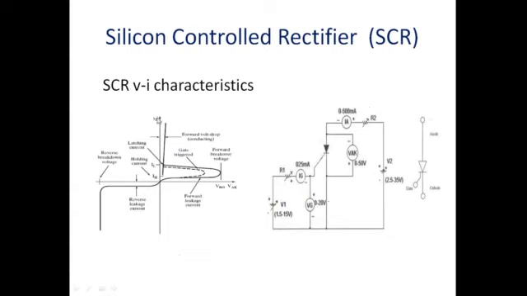This is the thyristor current, or else you can call it the anode current, IA. We are plotting the current versus the voltage between anode and cathode: the current flowing in the anode and the voltage across anode and cathode.